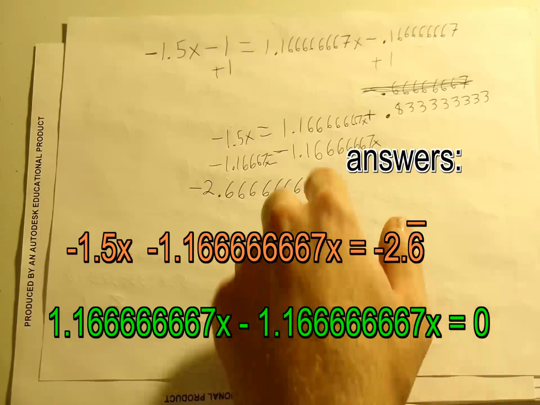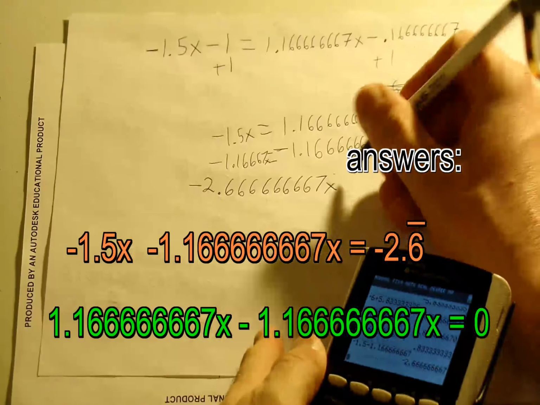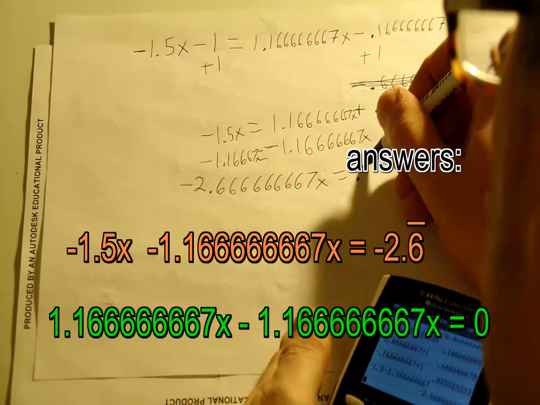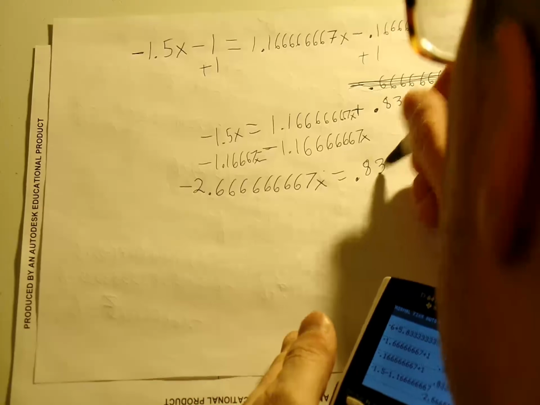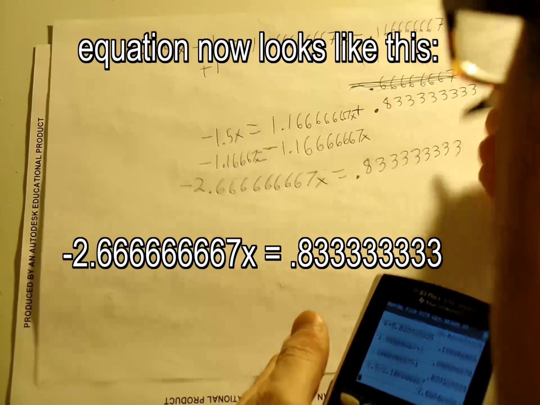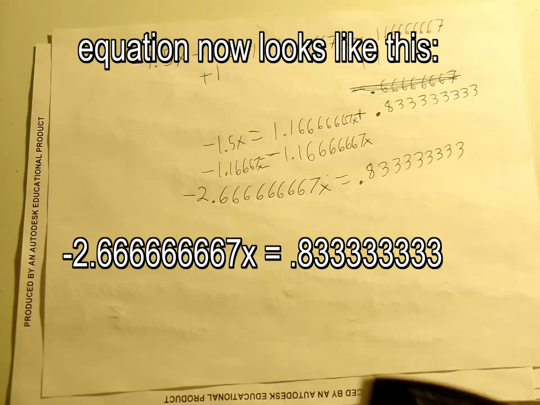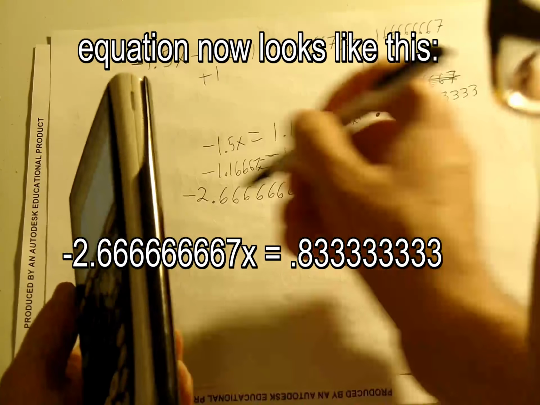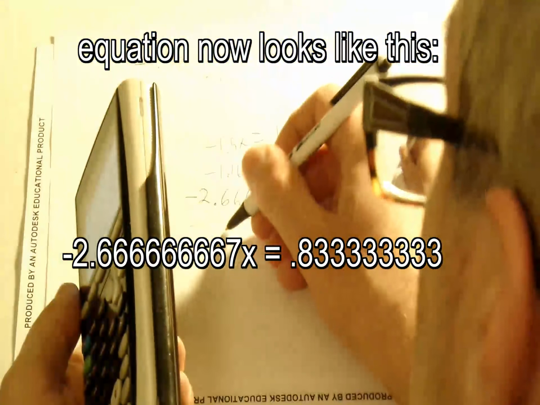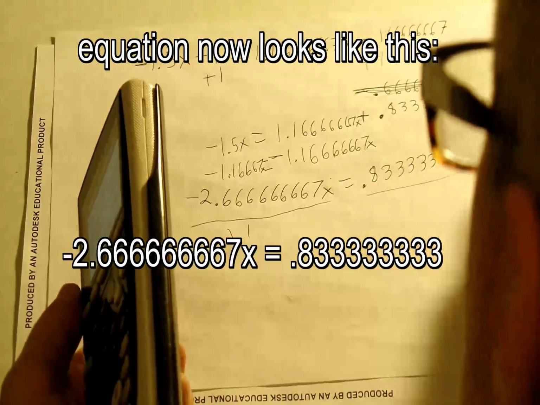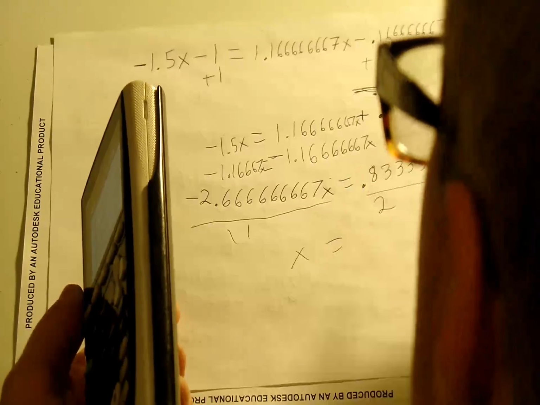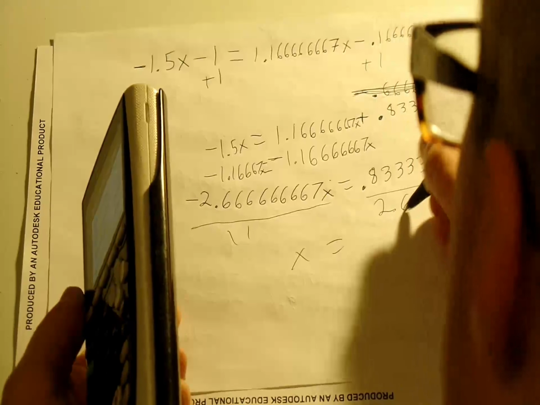So negative 1.5x minus 1.1 and many sixes equals a negative 2 point, and it's many sixes repeating.